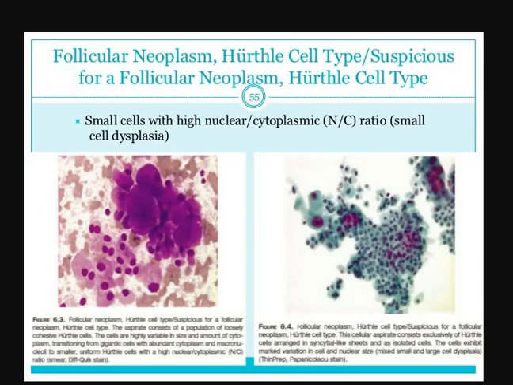So FNA is capable of diagnosing papillary cancer, but FNA can't diagnose the follicular type of cancer. In FNA cytology you will find some confusion between the follicular carcinoma and the follicular adenoma.